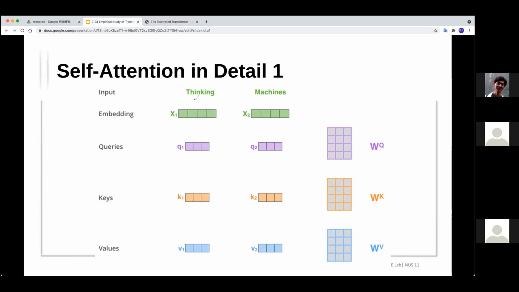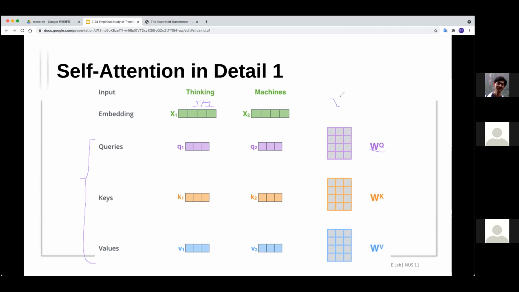First, we have an input, "Thinking Machines". We first have an embedding, maybe a 512-dimension embedding, and then we get three vectors: the queries, the keys and the values. These vectors are computed by WQ, WK and WV.